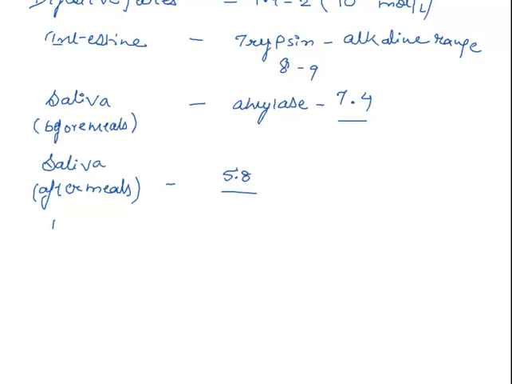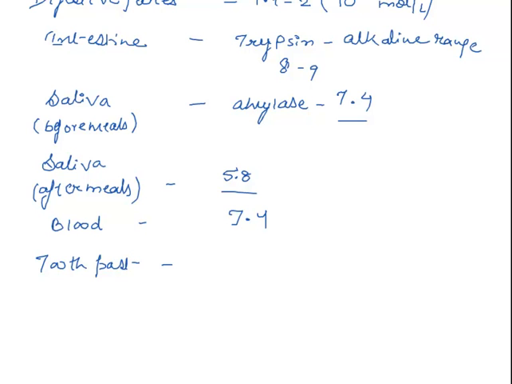So what is the pH of blood, students? The pH of blood is 7.4. It has to be in neutral range because most of the enzymes have their optimum pH in the neutral range. Likewise, what should be the pH of toothpaste?